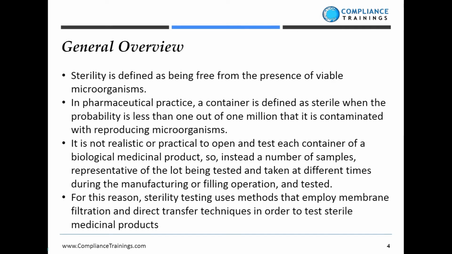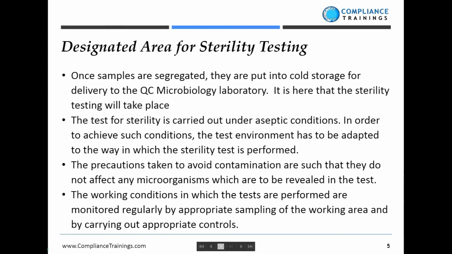We can't test everything, obviously, so we take a select set of samples at different times to test. And sterility testing uses methods that employ membrane filtration or direct transfer in order to test. So it is more of a qualitative test as opposed to a quantitative test.